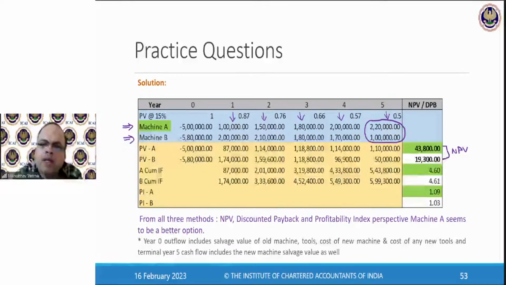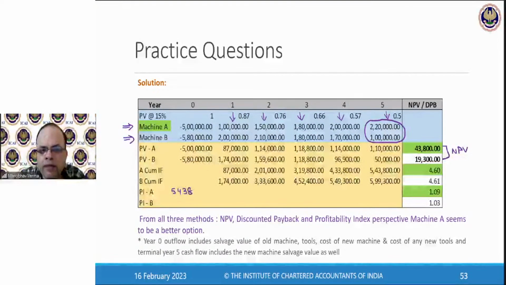And same is the result with profitability index. Now profitability index is kind of how we are calculating the profitability index, guys. We can probably see a present value of cash inflows is in terms of a cumulative number. We calculated 543,800 divided by 5 lakhs. That's a 1.09.